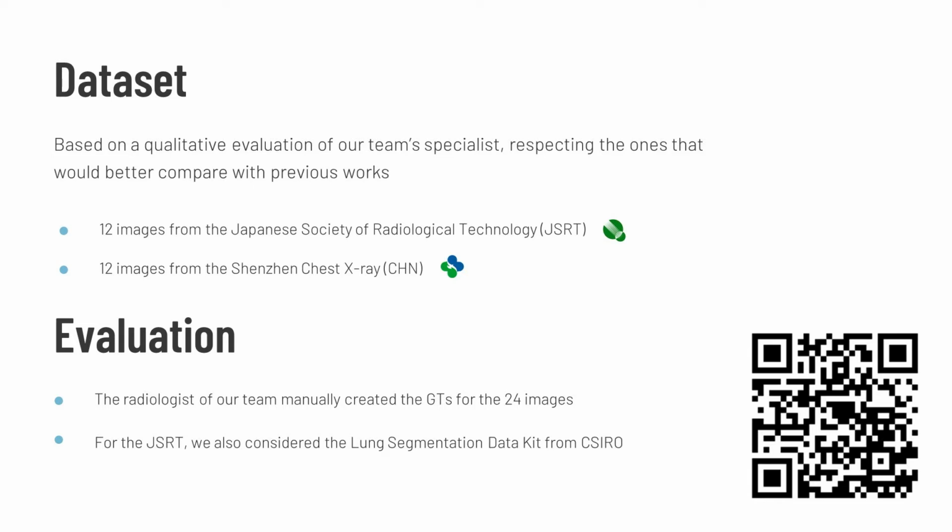Therefore, the radiologist of our team manually created GTs for the images that we used. All images and the respective ground truths are available for download on the QR code here. Regarding the JSRT dataset, there is a lung segmentation data kit which contains GTs provided by specialists. In this case, we evaluated the proposed method considering both the GTs created by our team's specialists and the JSRT one.